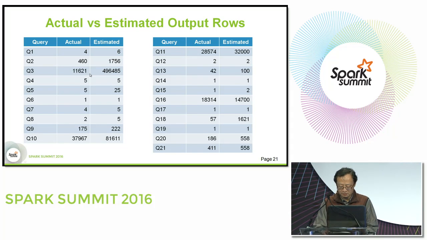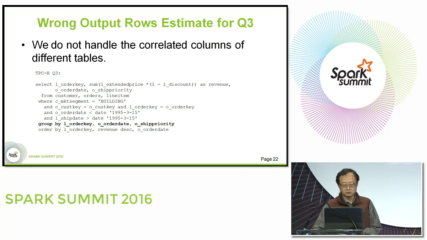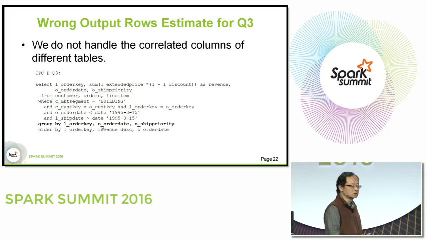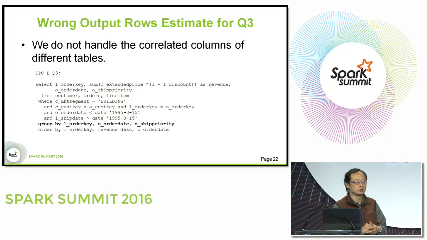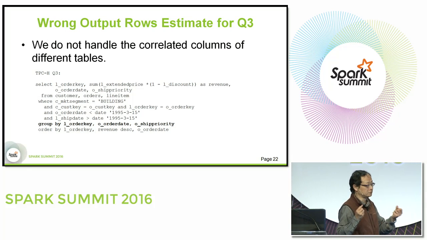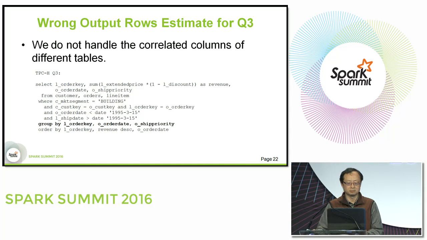You may wonder what happened to query 3. The reason we cannot handle it well is that the group by is L_ORDERKEY, which comes from the lineitem table, and O_ORDERKEY, which comes from the orders table. Because today we do not handle correlated columns from different tables, for that query we were not able to provide a good estimate.